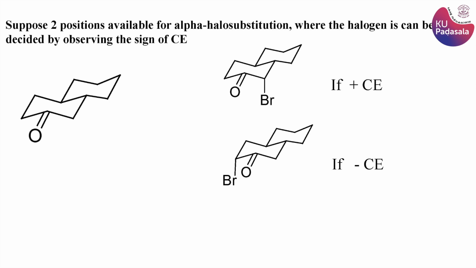But if you observe the product as having a negative Cotton effect, then the bromine is coming on the left side. This is the application of the Cotton effect, and how the sign of the Cotton effect determines the configuration of the compound. I hope it is clear.